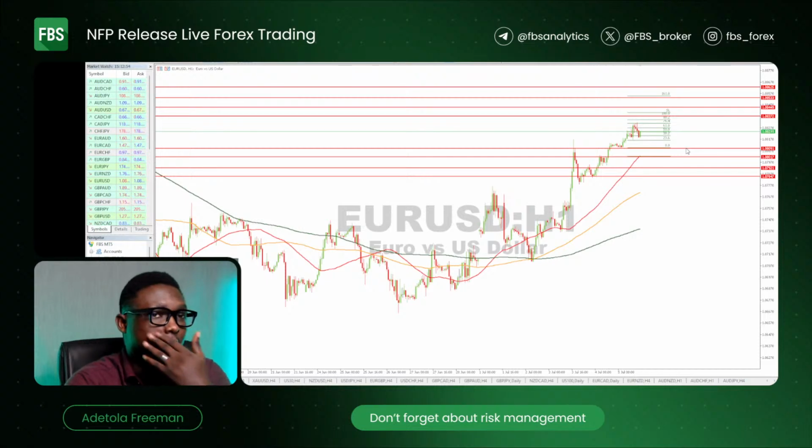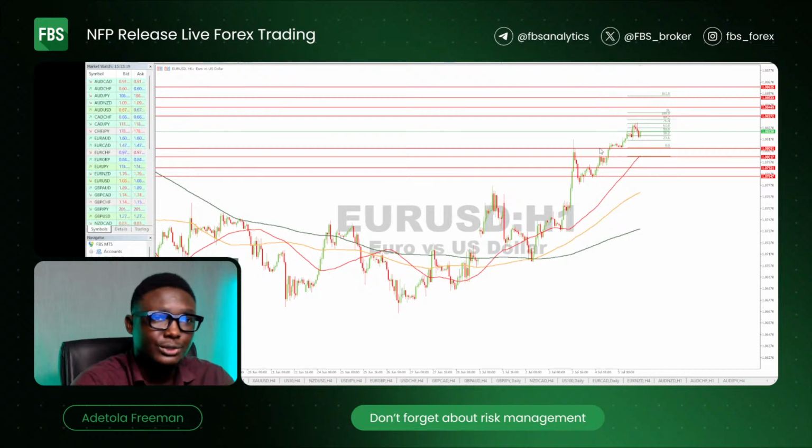So for EUR/USD, the buy stop order is positioned at 1.08372. The sell stop is positioned at 1.08091.